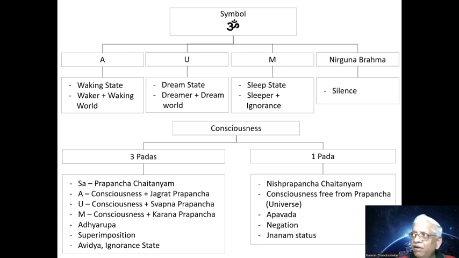Similarly, the world which we experience consists of the waking, dream, sleep, and then Nirguna Atma. Four legs of Omkara is compared with the four legs of the entire creation.